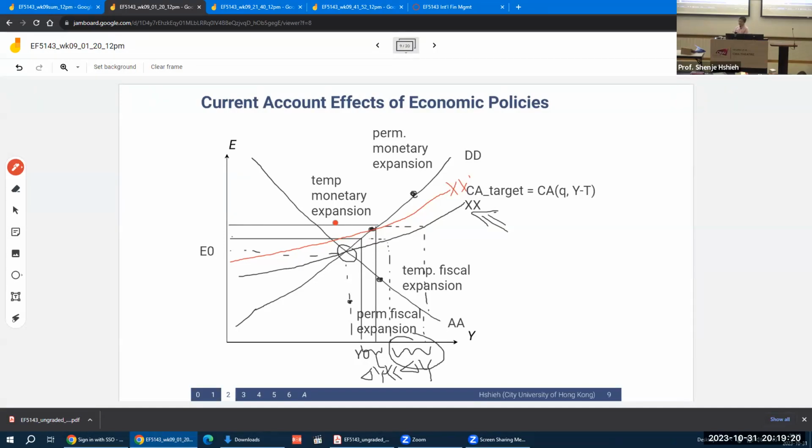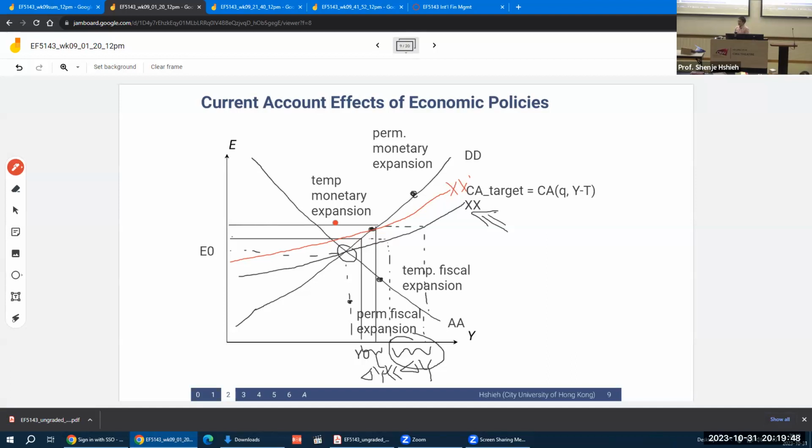So that means that the final equilibrium XX and AA schedule must intersect on the XX schedule, right? That's how you hit the target. Does it make sense? So this is a good question, right? So let's say China decides to change its current account target, I guess, higher.